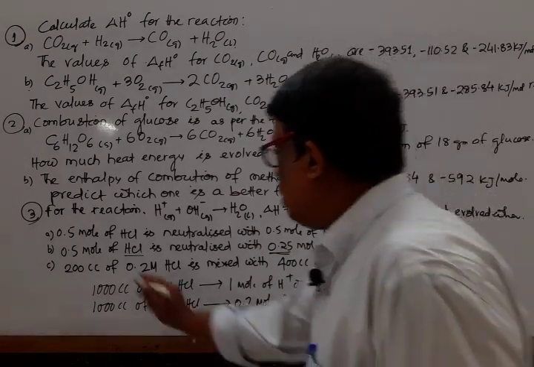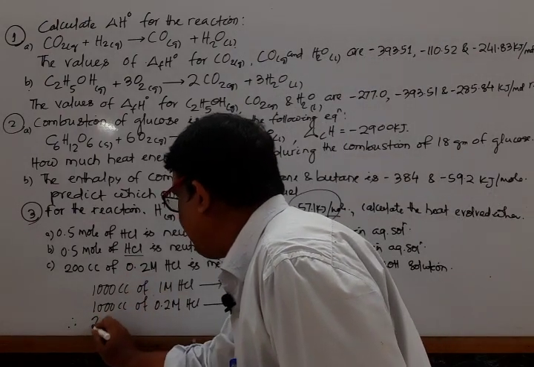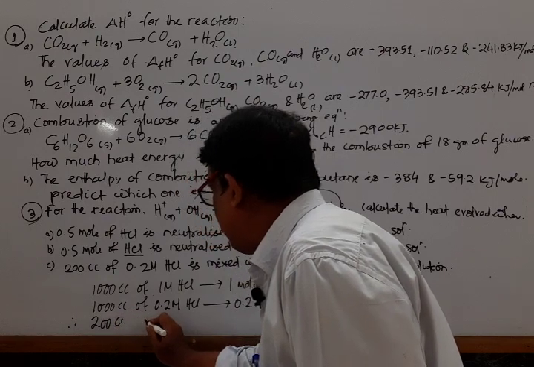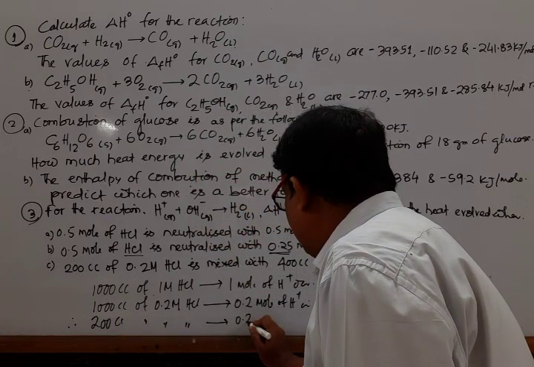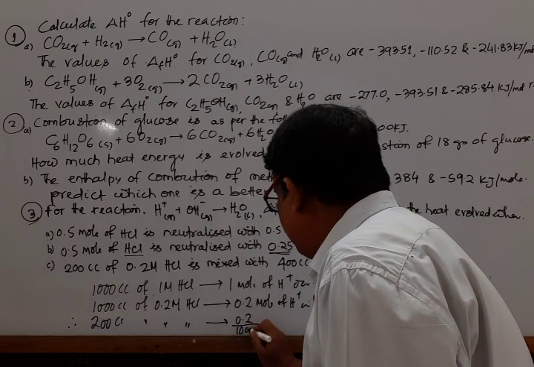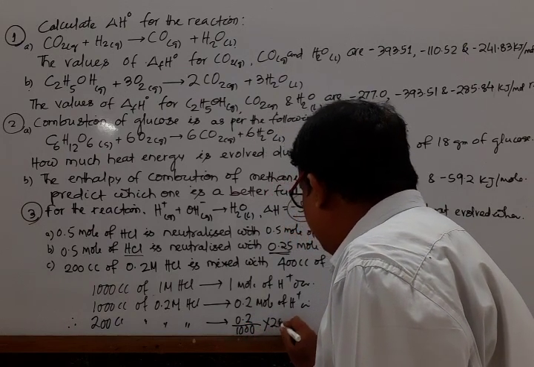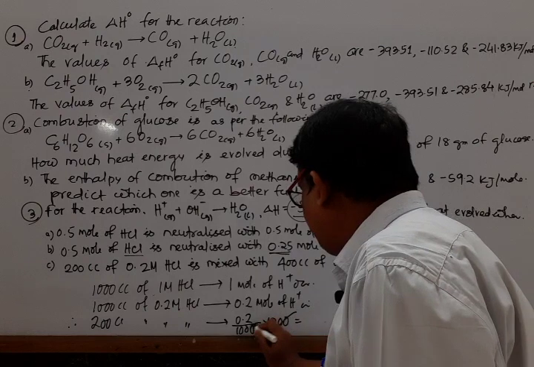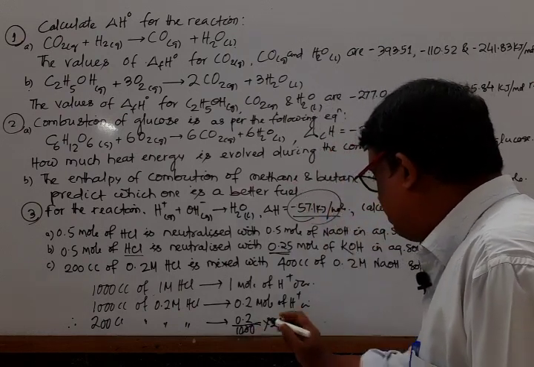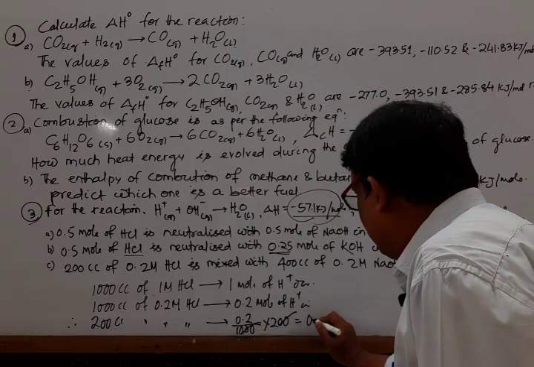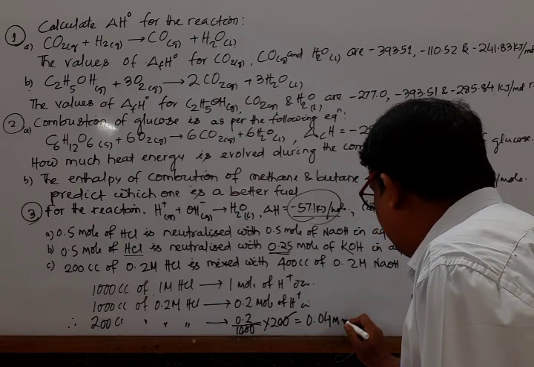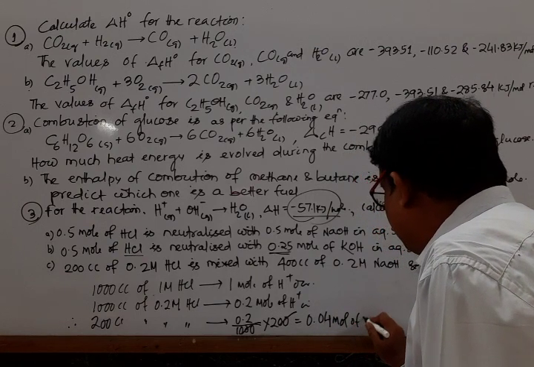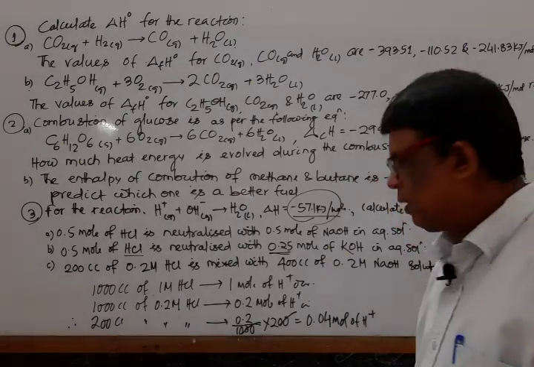According to the question, 200 cc of 0.2 M HCl produces 0.2 by 1000 into 200, equal to 0.04 mole of H plus ion.